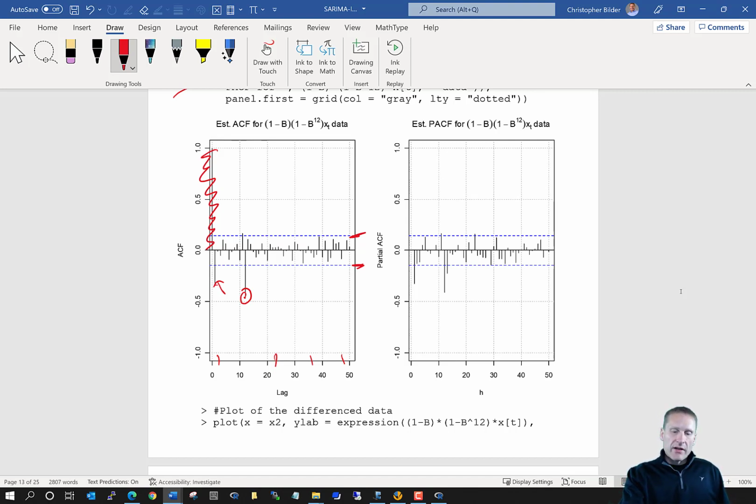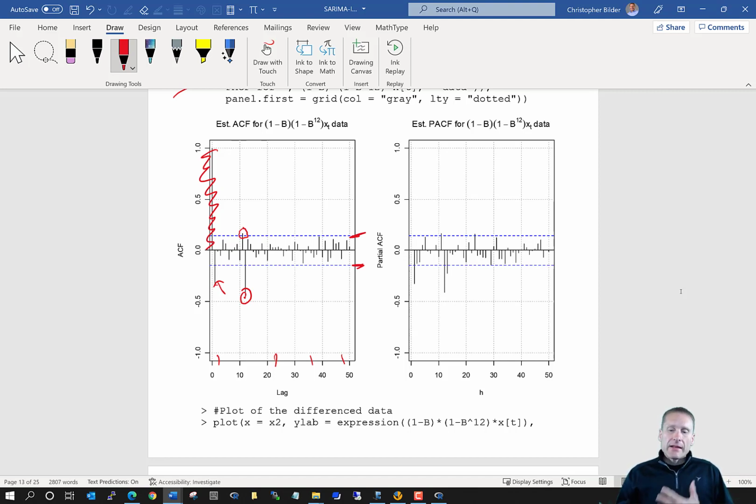Also, you notice that we have a little bit of a significant one at lag 11. Well, this corresponds to what I was saying before and what we had seen in the true ACF plot too. It's not unusual to have some larger autocorrelations surrounding that seasonality lag.